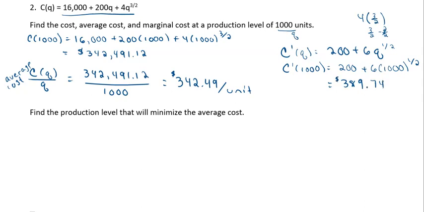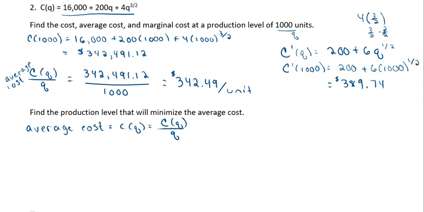So now it's asking us to find the production level that will minimize the average cost. Well, let's see if we can figure out our average cost equation first. So we know that average cost is equal to C of Q, our cost equation, divided by our quantity.